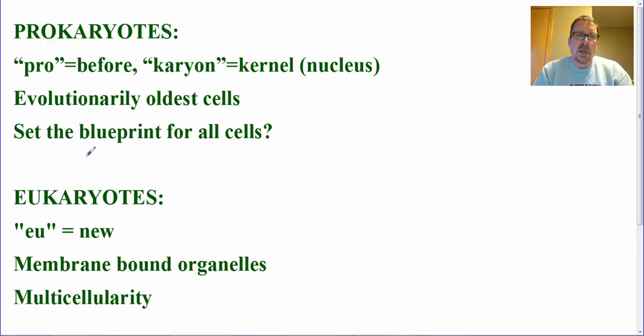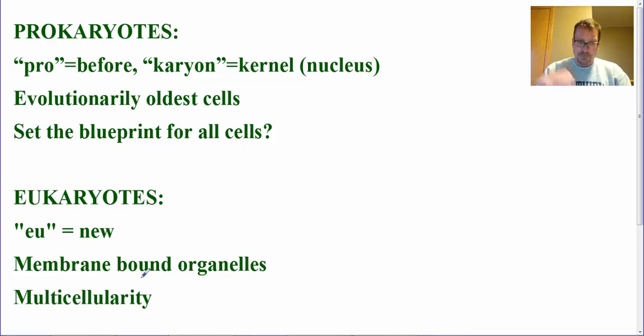Evolutionarily, you're looking at the oldest cells, and there's a belief that they were the earliest cells, and then eukaryotes had some endosymbiotic relationships with mitochondria and chloroplasts, allowing early eukaryotes to have membrane-bound organelles. Okay, but these are the oldest. Single cell, no nucleus. In fact, no membrane-bound organelles at all, just a nucleoid region and ribosomes.